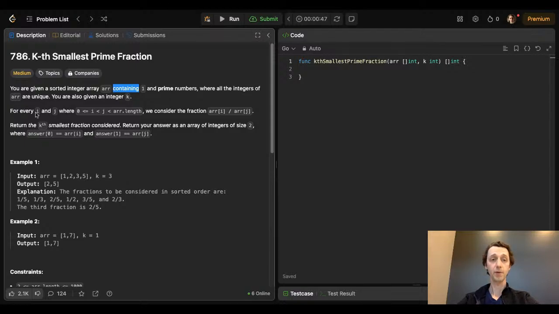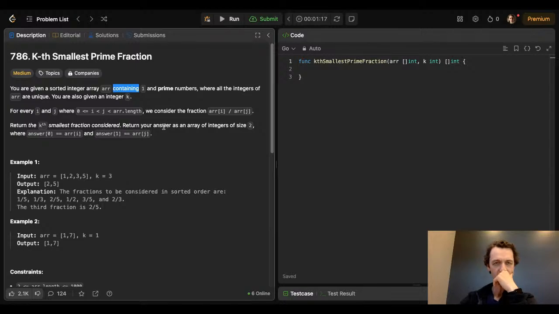For every i and j where i is less than j, within the indices of the array, we consider the fraction i divided by j, smaller divided by bigger. Return the kth smallest fraction considered.